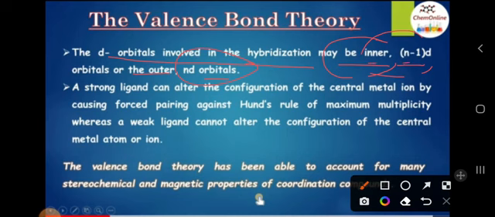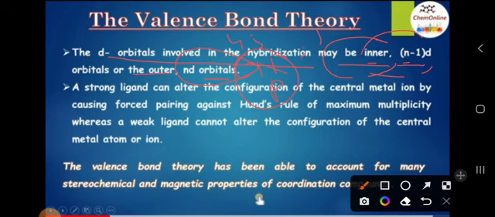Here we have strong field ligands and weak field ligands, and we need to know how to identify what is strong field and what is weak field. In the 4th group we have carbon, and in the 5th group nitrogen and phosphorus. These elements are strong field ligands.